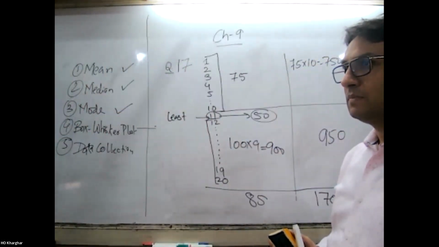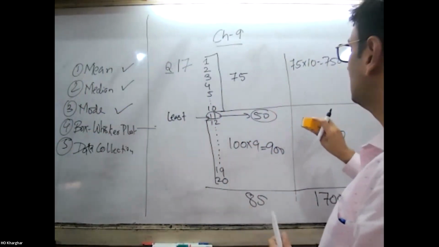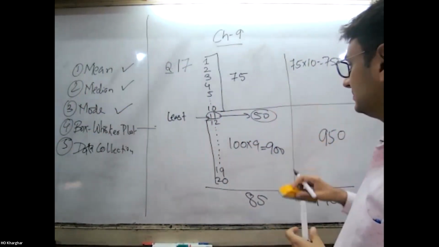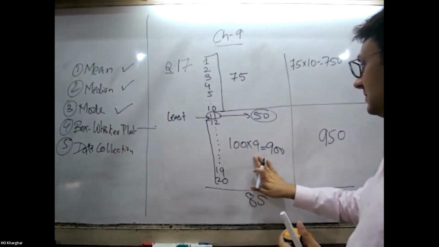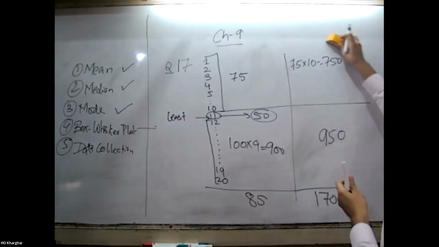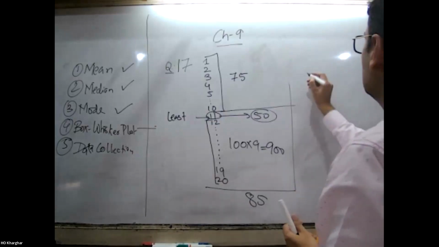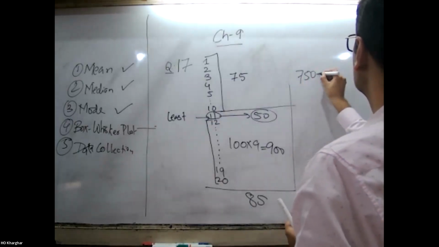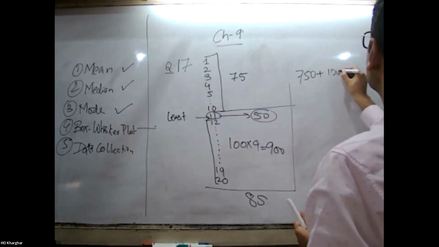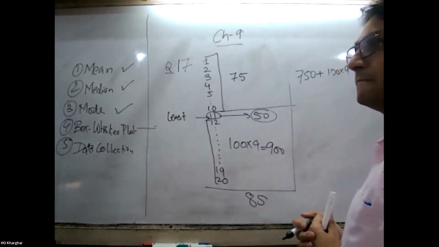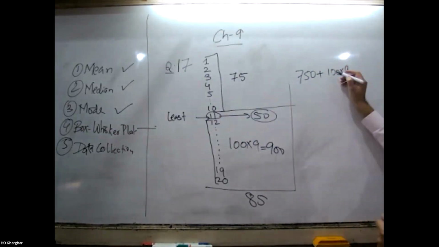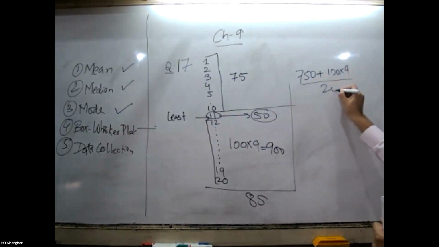I did 750 plus 100 times 9, all divided by 200, all divided by 20. Hold on, I'll write the equation here. So you did 750 plus 100 times 9, divided by 20.